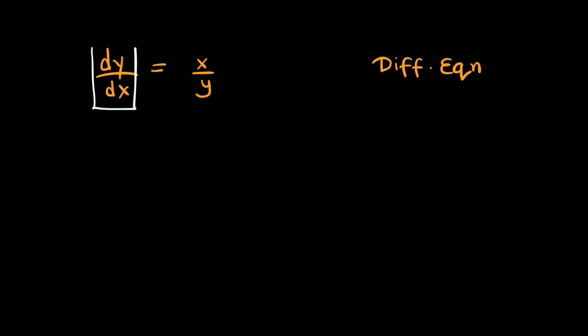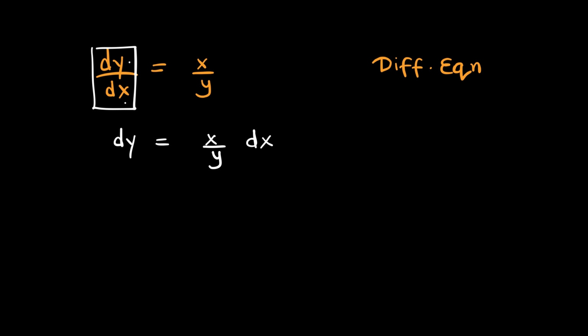Now let's try out some more questions. dy by dx is x over y. First of all, this is a question of differential equation. Why? Because it has the differential dy by dx. dy remains on the left, x over y as it is, and dx goes on the right.